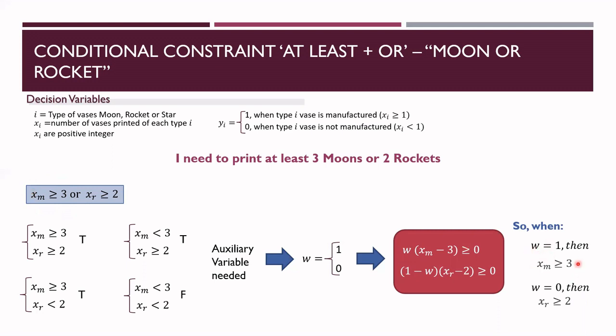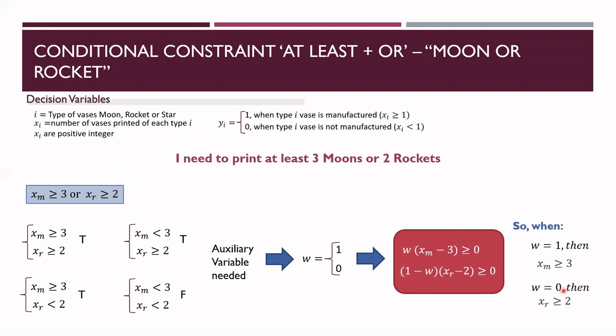But if, on the other hand, w is equal to 0, then this thing here has no value. It's going to be 0 equals 0, but this thing here will start working. So we are turning on this one and turning off this one. Then just xr is going to be more or equal, but xm will have no limitations.